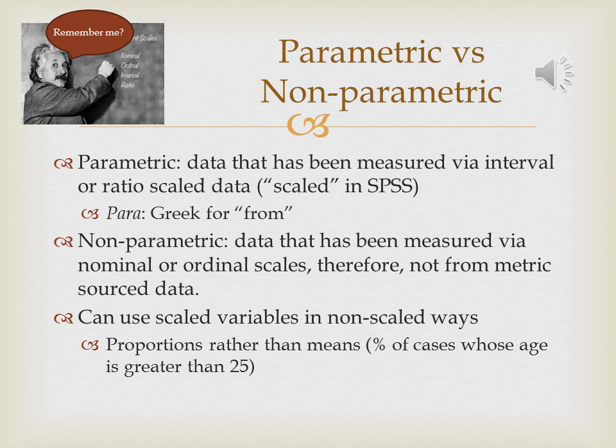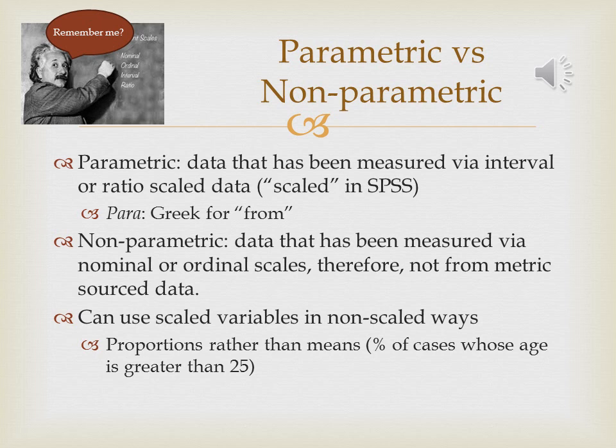Para is simply the Greek word for from. So this is data that's from metric sources. Non-parametric data is data that's been measured via nominal or ordinal scales, therefore not from metric source data. That helps, doesn't it?